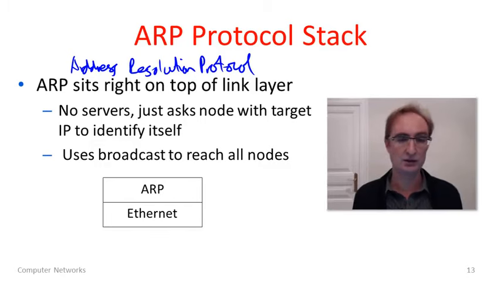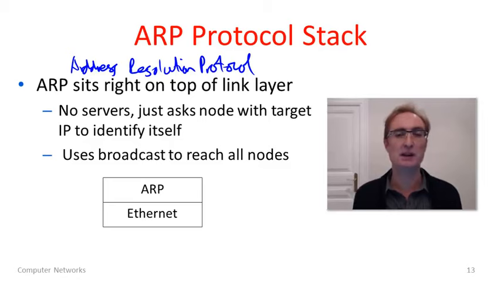There are no servers involved here, so it's actually different than DHCP. Instead, since ARP by definition is going to help us send a frame to a node on the local network, we're going to essentially interrogate everyone on the local network and ask the person who has the right address, who we're trying to talk to, just chime up and tell us what their Ethernet address is.